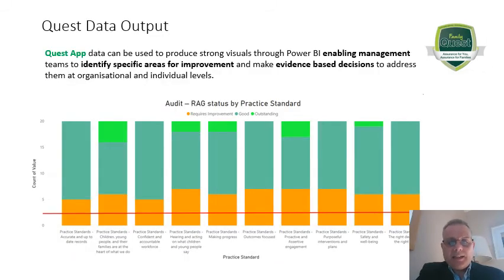And then finally, and probably I think most importantly, so you're now confident that the audit process is happening, the workflows are going through, but actually, how do you learn from what's going on? And because of the approach we've taken using the domains and using the practice standards, you can report using a whole range of dashboards across all of those, and that allows you to see where your strengths and challenges are.